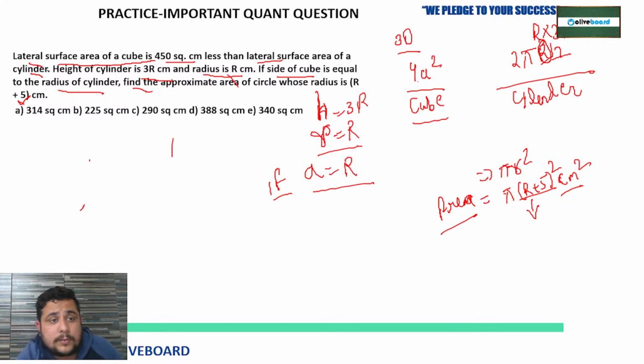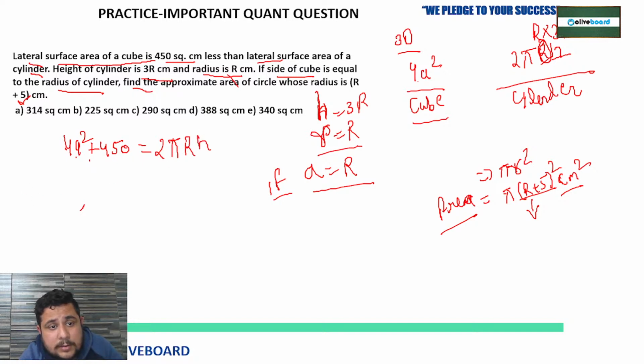Now, at the start, they said the lateral surface area of the cube is 450 square centimeter less than the lateral surface area of the cylinder. So we can say 4a square, the lateral surface area of the cube, plus 450 square centimeter is equal to the lateral surface area of the cylinder, that is 2 pi r h.